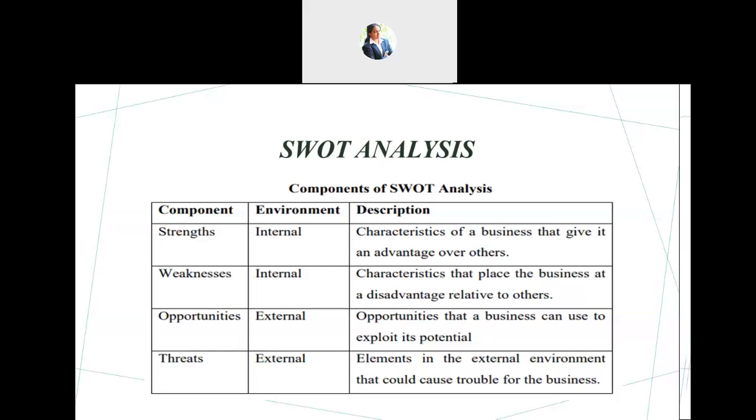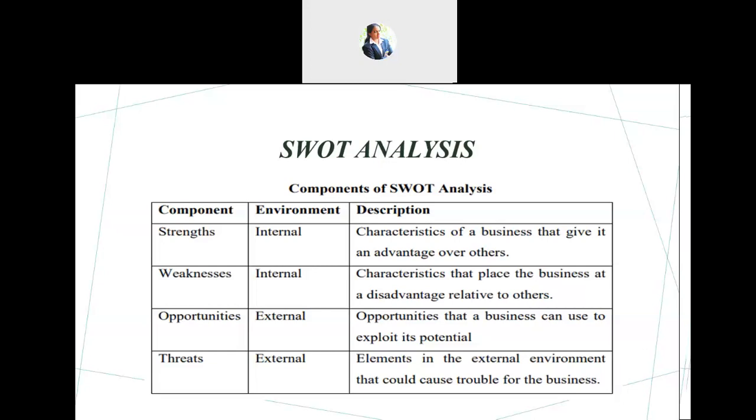The next one is weakness. Weakness refers to the limitations or the weak areas of the internal environment, or as the description is given, the characteristics that place the business at a disadvantage when you compare yourself with other business organizations, and even this element is internal to the business organization.